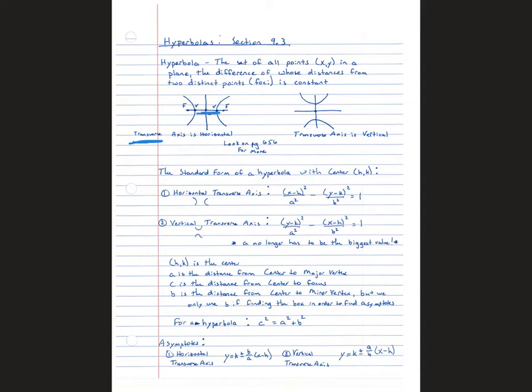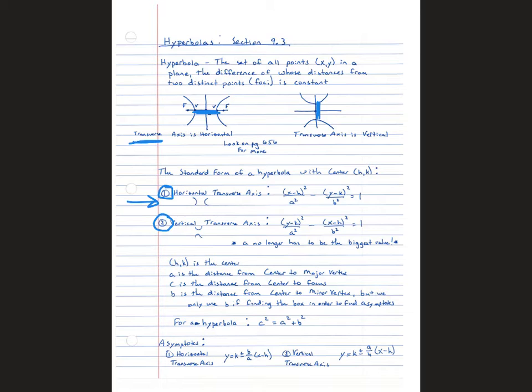The transverse axis is basically that segment that joins the two pieces of your hyperbola. So if it's horizontal, it's going to open left and right. If it's vertical, it's going to open up and down. And your formulas here depend on whether it opens left and right, which would be horizontal, or up and down, which would be vertical.